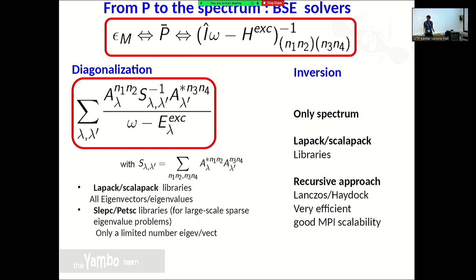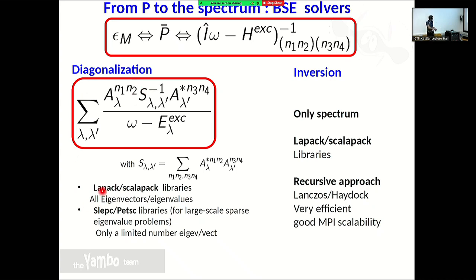You will have a huge matrix in many cases, and you can call LAPACK or SCALAPACK in a parallelized environment. You will get all the eigenvectors and the eigenvalues. But this is very demanding, and in general is not really what we need, because if we are interested in excitons and in excitonic wave functions, usually we want just a few bound states.